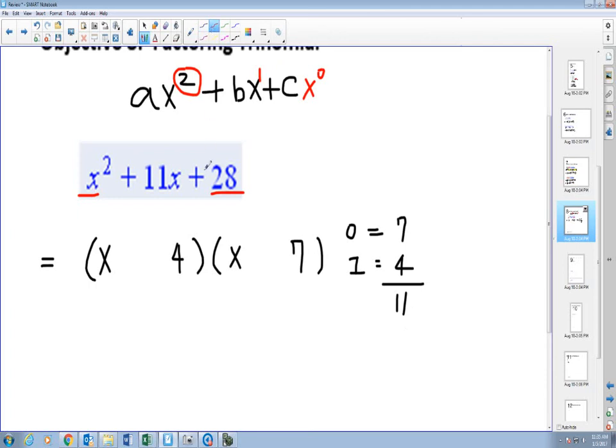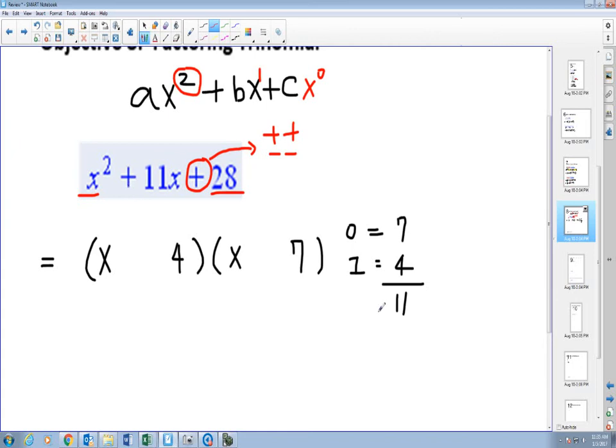So the last sign tells you how the inner and outer combine to get the middle term. You go by adding. When the last sign is positive, that also tells you the signs in the parentheses will be plus plus or minus minus. So it depends on what the middle term is.